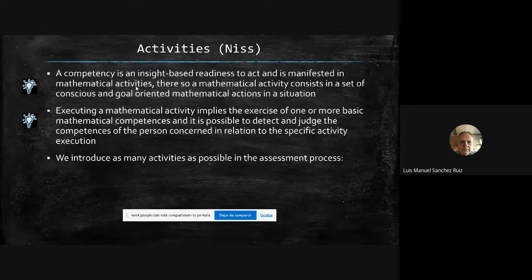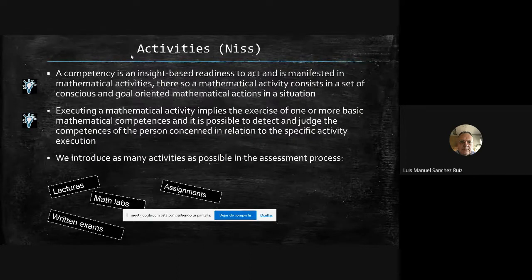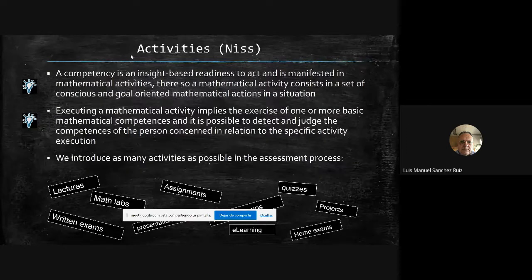So how to reach these competencies? Well, through activities. We learn through activities. We learn language through activities, listening and speaking, and that takes a lot of time when you are very young. And when we want to go fast with mathematical competencies, the basic idea is that you need to execute a lot of activities, and that is why in advanced modern technologies you use a lot of tools.